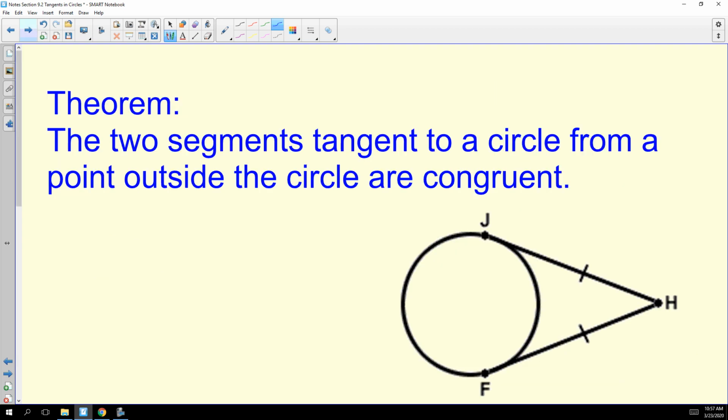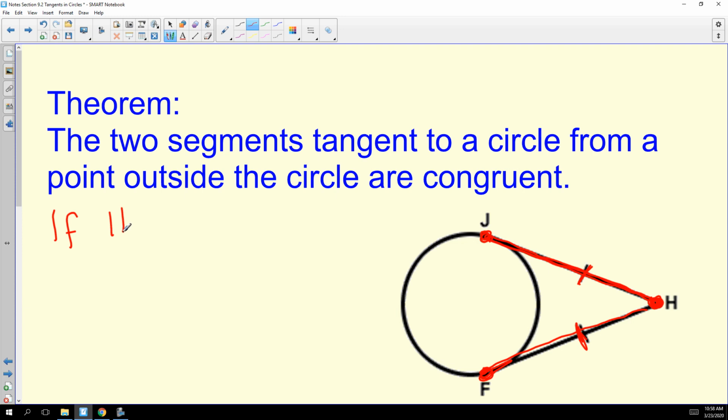Moving on. Let's talk now about how we can continue to use that idea about tangents and what else we know about them. If we have two segments that are tangent to a circle and they come from the same point outside the circle, like point H, it almost looks like an ice cream cone, then those two segments, from H to J, which is a point of tangency, and from H to F, which is another point of tangency, must be congruent, okay?